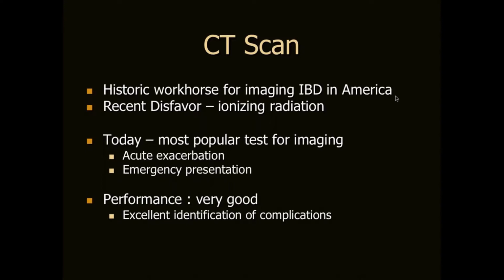And so although this has declined tremendously for routine surveillance of patients and even for diagnosis, it still remains as the most popular test for imaging of the patient at the time of acute exacerbation, and also when these patients have an emergency presentation. And so the performance is very good, excellent identification of complications.